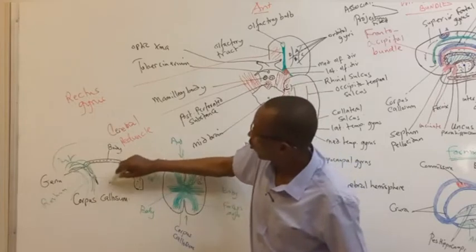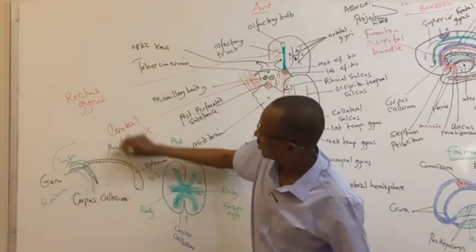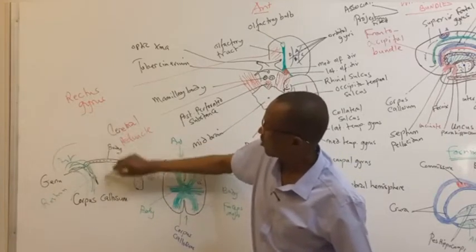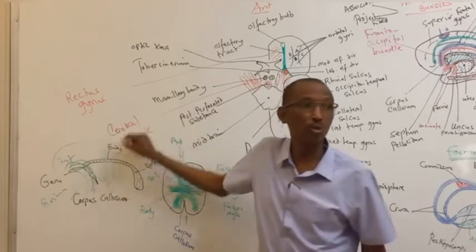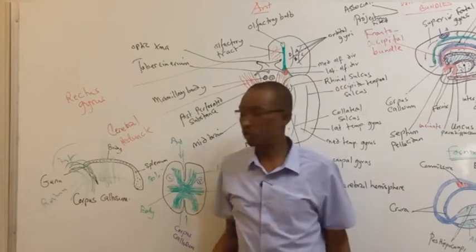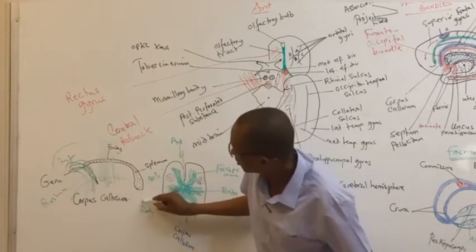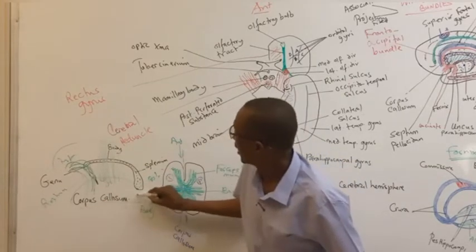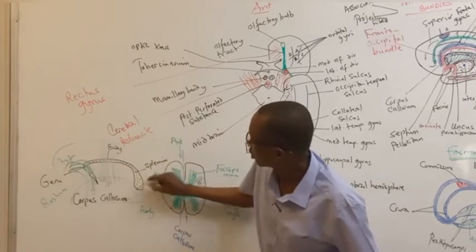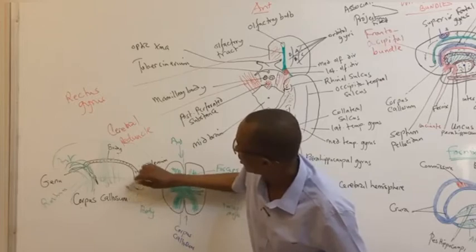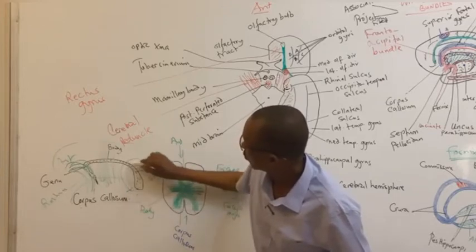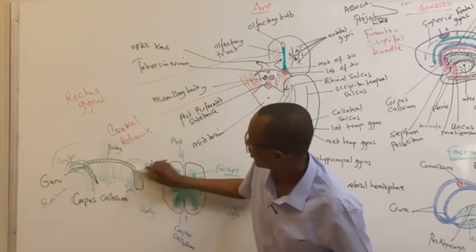And those that connect the two cerebral hemispheres along the parietal region like that pass through the body of the corpus callosum. And if this is the occipital cortex here, and this is also the occipital cortex of this one, if this one wants to connect, they must pass through the splenium.